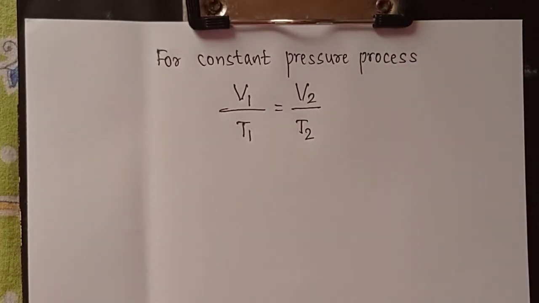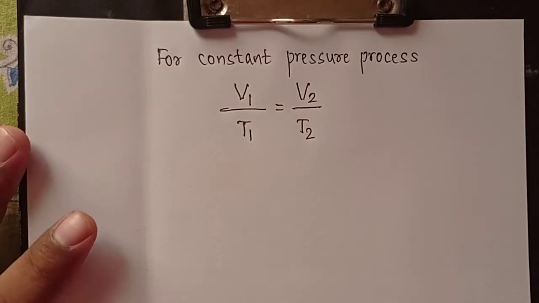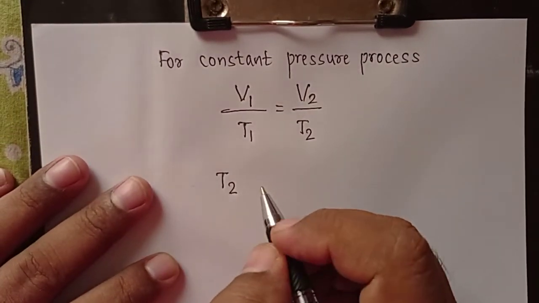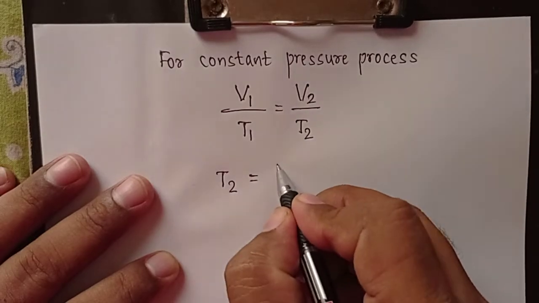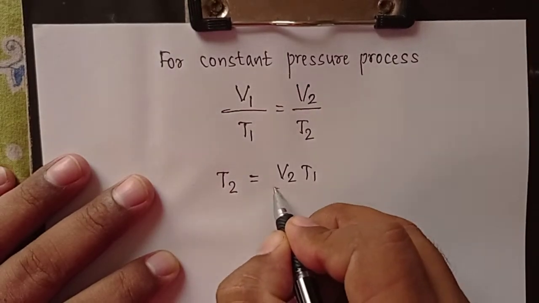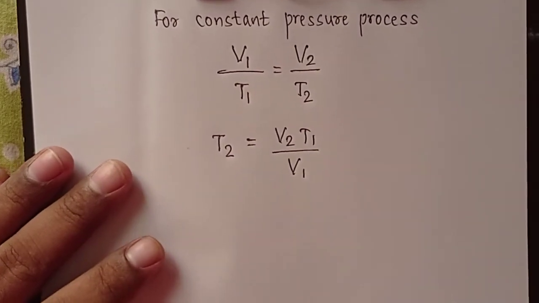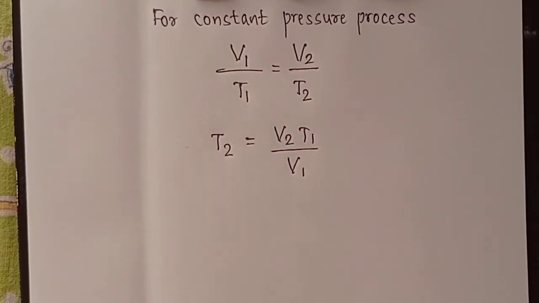I want the value of T2, that is temperature at the end of the compression. T2 will be equal to V2 into T1 divided by V1. I repeat, T2 will be equal to V2 into T1 divided by V1.